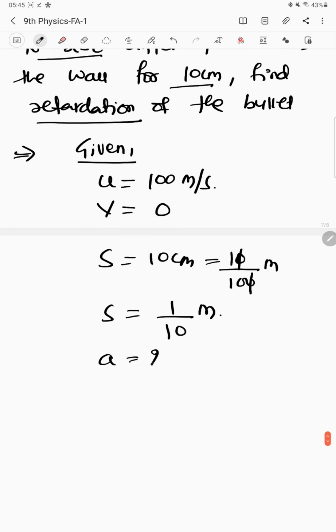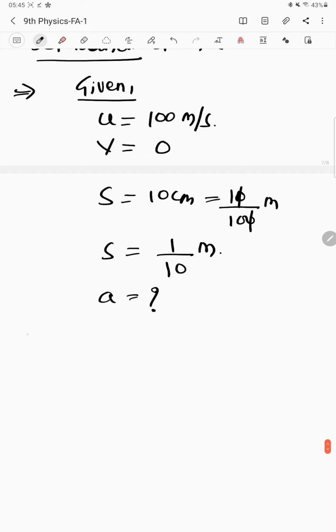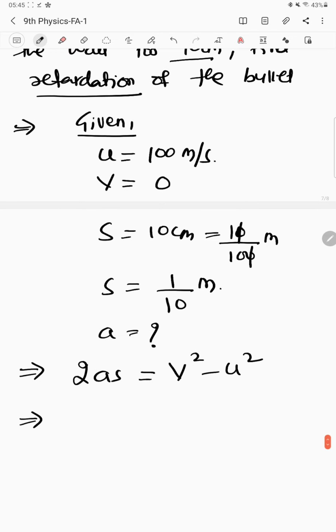Now we are being asked about acceleration or retardation. What is the formula? Tell me, dear children. 2as is equal to v square minus u square, the formula involving v, u, s and a.